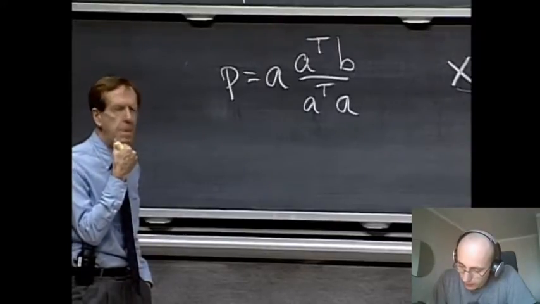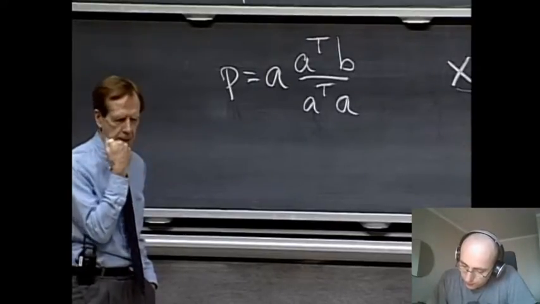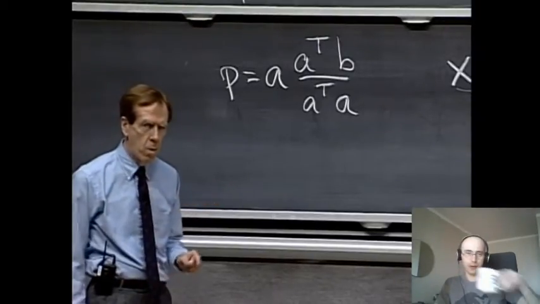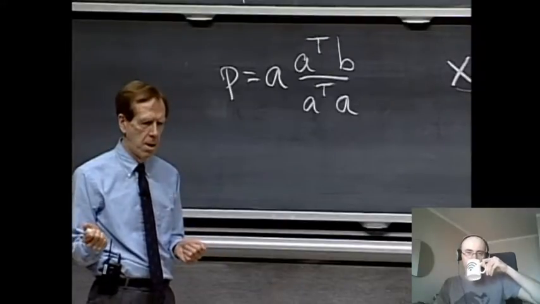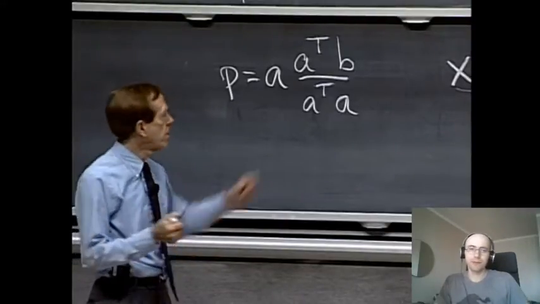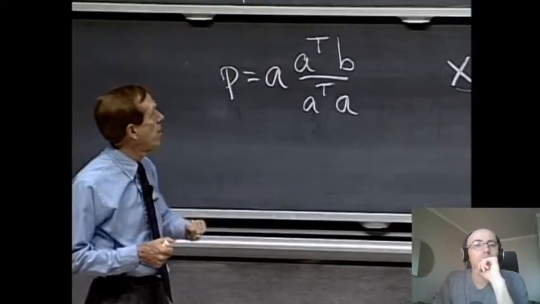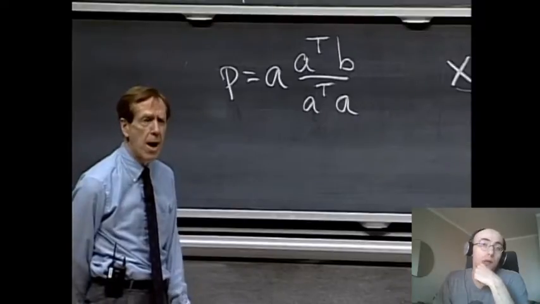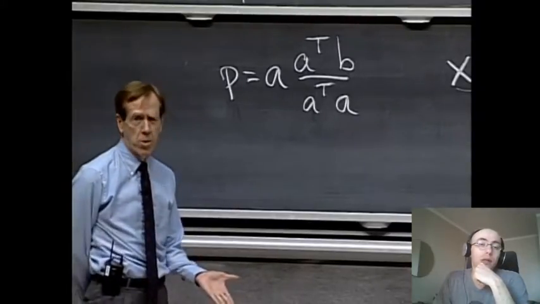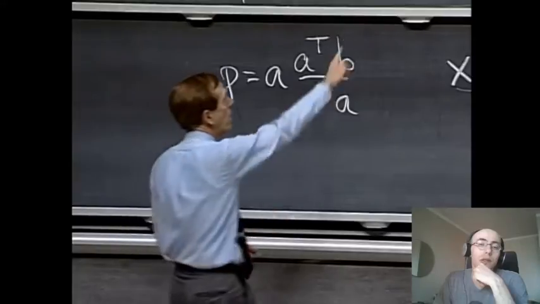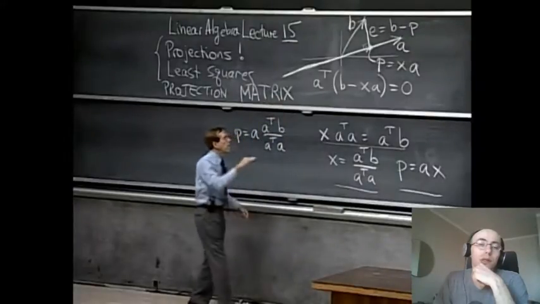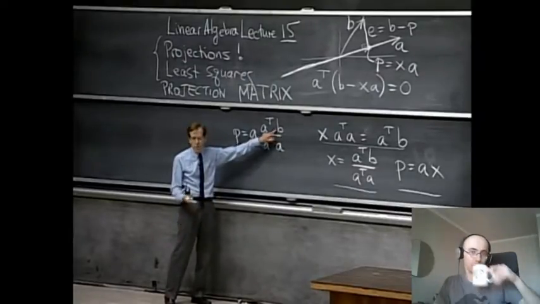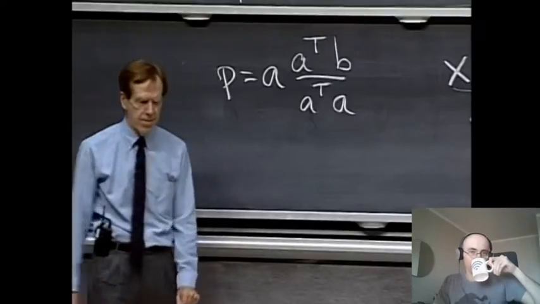Suppose B is doubled. Suppose I change B to 2B. What happens to the projection? We multiply by 2. So suppose instead of that vector B that I drew on the board, make it 2B, twice as long. What's the projection? Exactly, 2P. It's going to be twice as far. If B goes twice as far, the projection will go twice as far. And you see it there: if I put in an extra factor 2, then P has that factor 2.